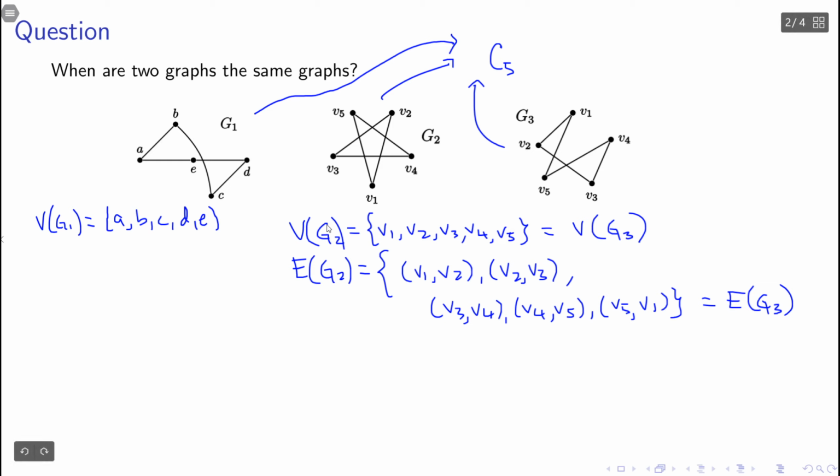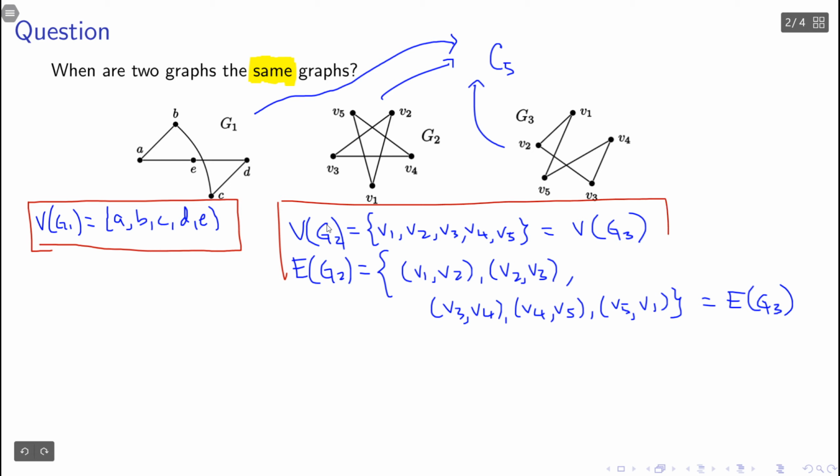So when we ask the question, when are two graphs the same graphs? It turns out that what we're really concerned with in graph theory is the same, meaning, do the graphs have identical structure? That's what the same means here.